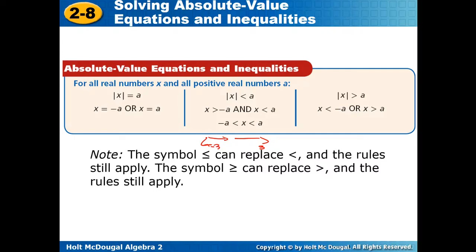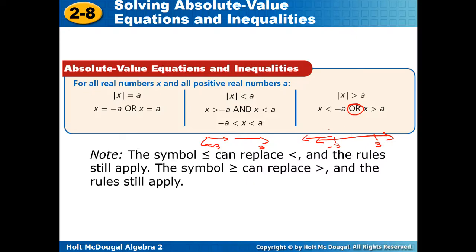Okay, next we have when absolute value of x is greater than a. Greater or, again, that tells us that we're going to have two disjunctions. Let's use 3 again, negative 3 and positive 3. X is going to have to be greater. Doesn't mean that negative 4 is greater than negative 3. It means it's a greater distance away.